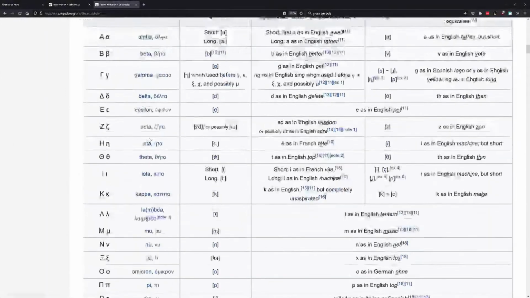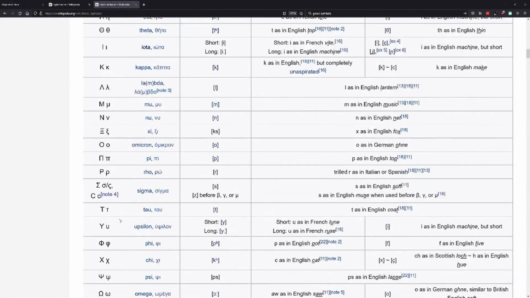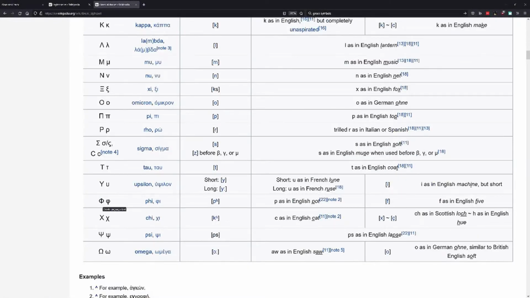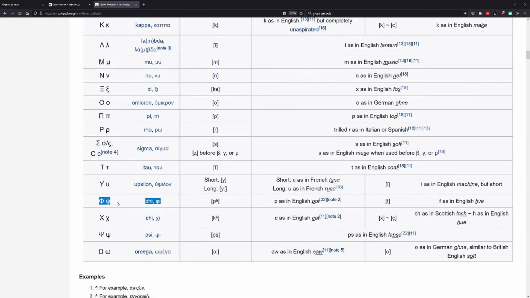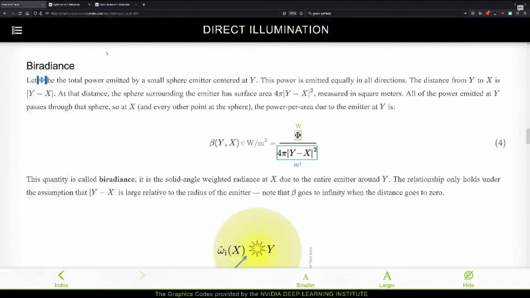So I have a chart. Phi. Okay. And its lowercase form is the one. Okay. So let phi be the total power divided by a small sphere at y.